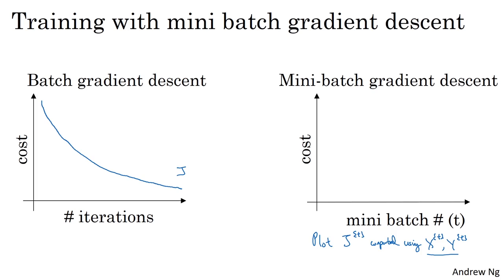So if you plot the cost function J, you're more likely to see something that looks like this. It should trend downwards, but it's also going to be a little bit noisier.